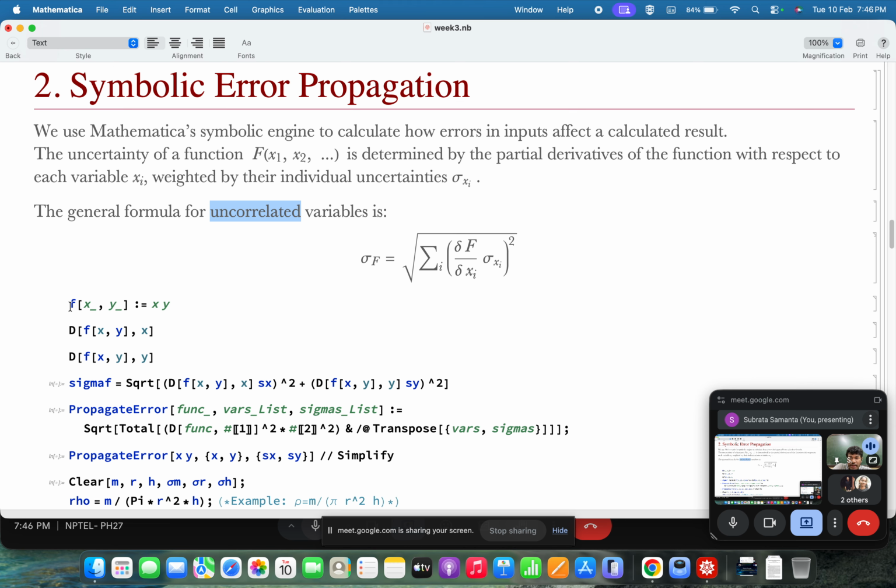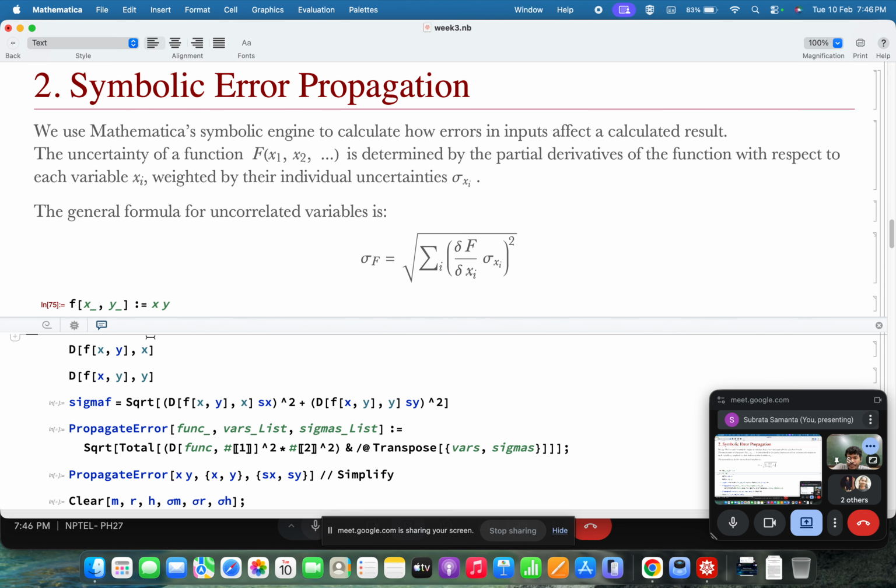So, let us say I have a function f of x, y, which is basically a product, x times y. I first calculate the derivative with respect to x and the derivative with respect to y, because I have two variables. Let us say x1 equals x and x2 equals y.